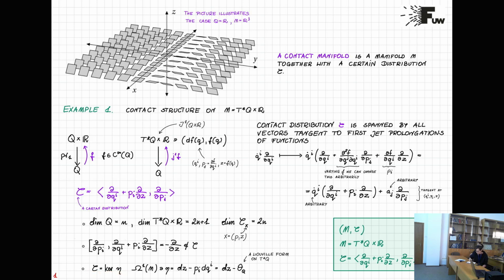And in this particular case, this one form is global. It will not always be the case, but in this case it is global. Since we have here the Cartesian product, this vertical R coordinate is well defined, so dz is definitely global.